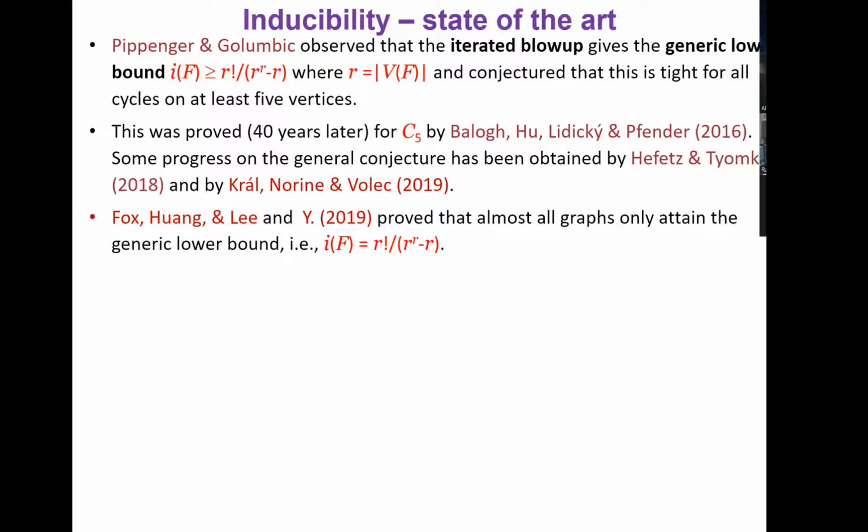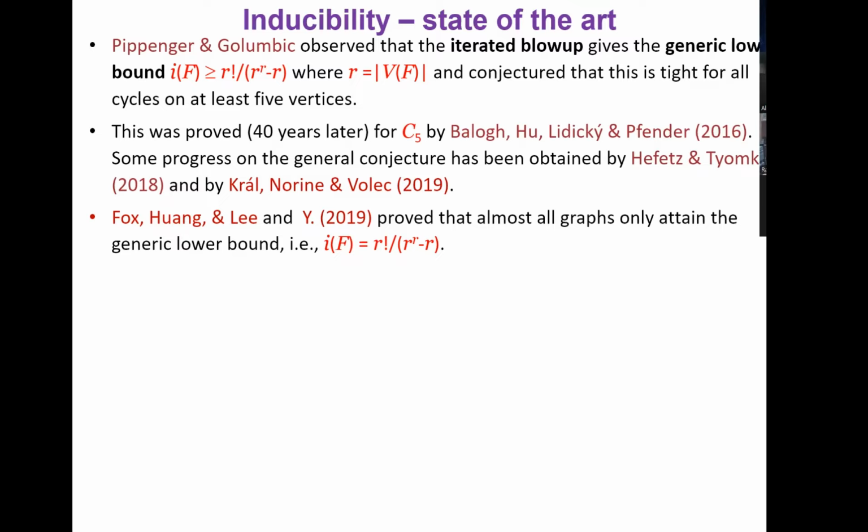On the other hand, in a result of Jacob Fox, Hao Huang, Choongbum Lee, and myself, we proved that for almost all graphs, let me just say what is almost: suppose I have graphs with r vertices, think of them as a random graph with r vertices, where I just pick edges at random.